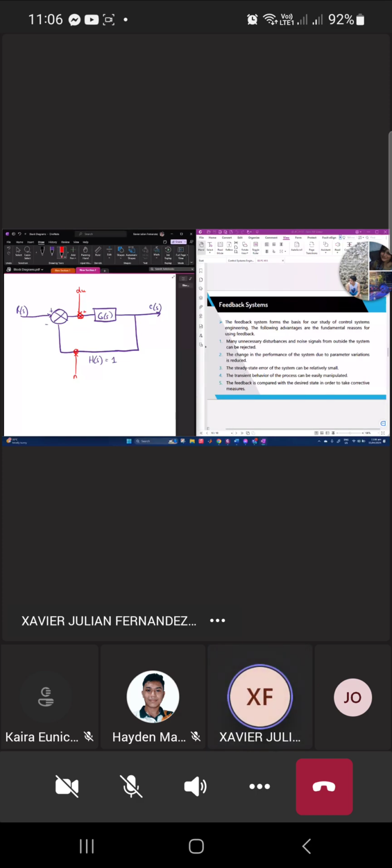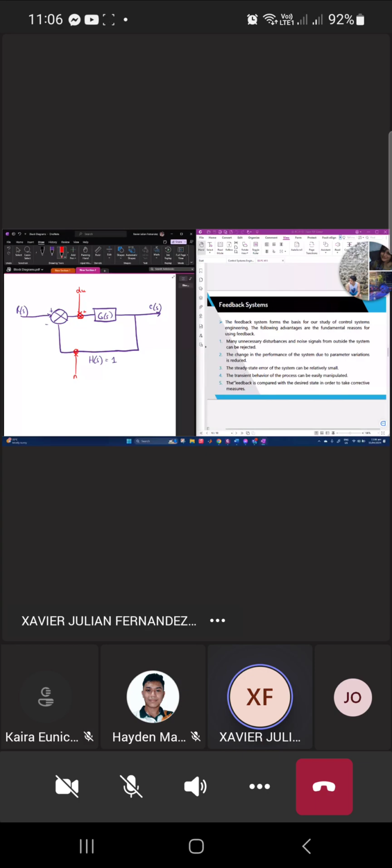The second one is that the change in the performance of the system due to parameter variation is reduced. Especially if you have a controller, you're more likely to reach your target set point, which is your input.